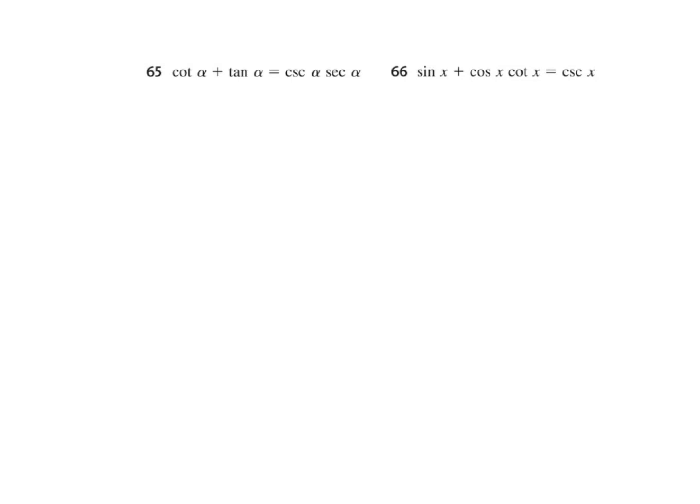Okay, cotangent plus tangent equals cosecant times secant. Okay, let's change everything to sines and cosines. Cosine over sine, sine over cosine, and 1 over sine times 1 over cosine. Okay, and let's get a common denominator on the left.